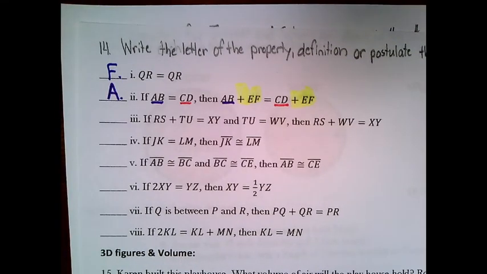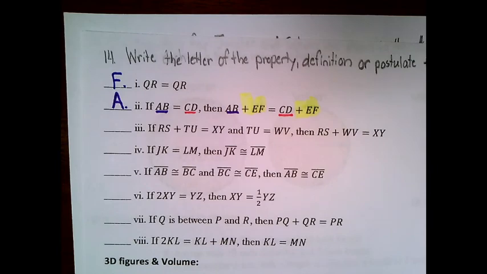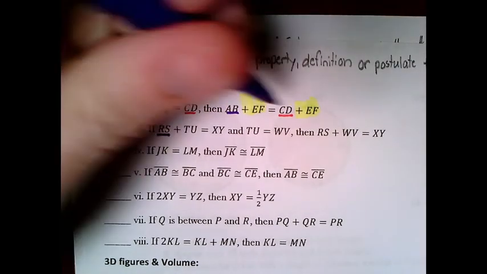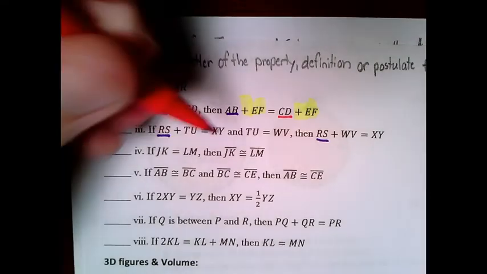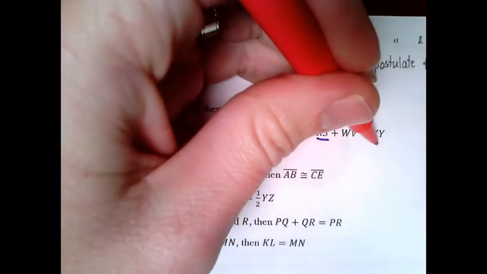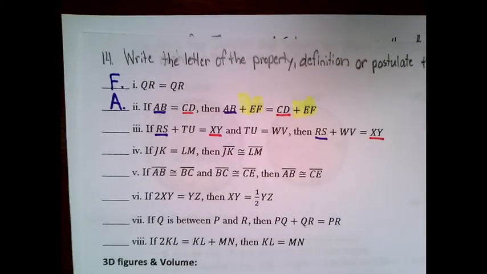All right, question 3. If you look at it, here's RS, there's RS, here's XY, there's XY, there's TU.